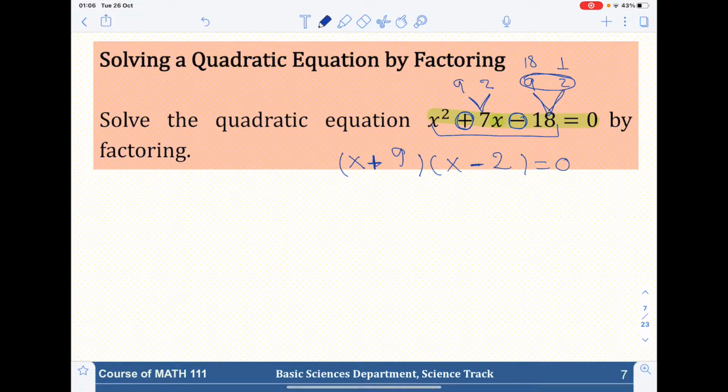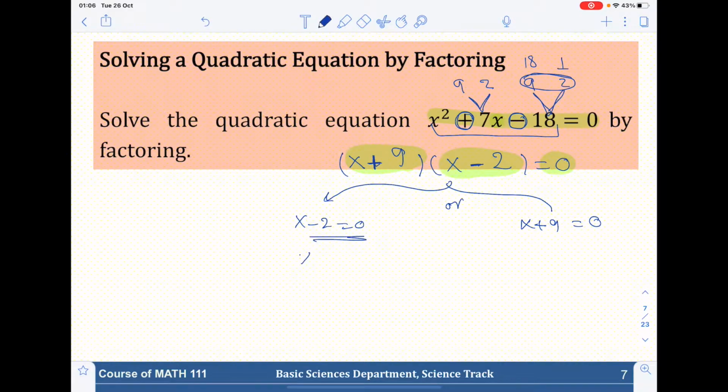Now, the product of two factors equals 0, which means either x minus 2 equals 0 or x plus 9 equals 0. In this case, x equals 2, and in this case, x equals negative 9. This one is just a linear equation, so we can solve it just by adding 2 to both sides.